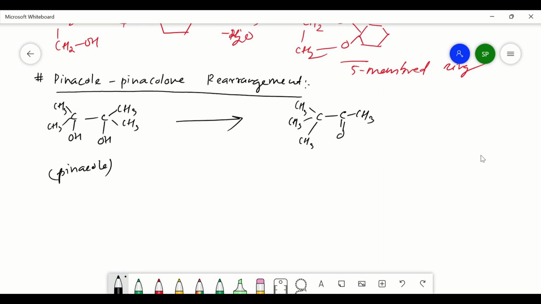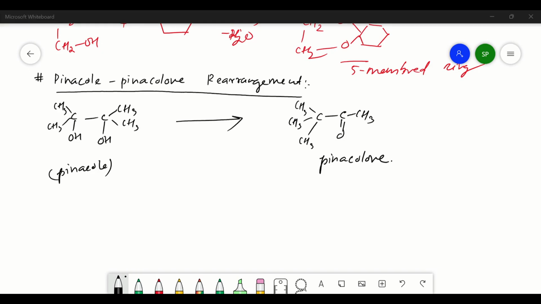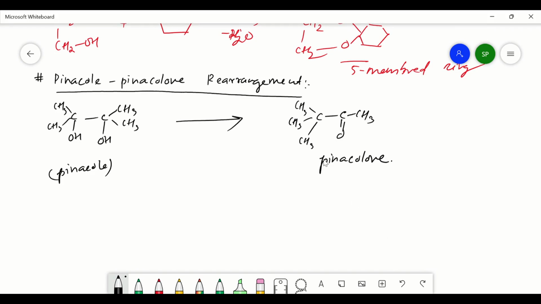This is known as pinacolone. For this rearrangement, we treat this with acid, like sulfuric acid, H2SO4, and there is rearrangement.